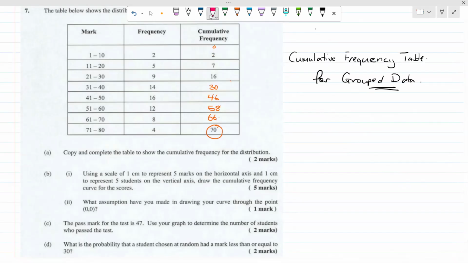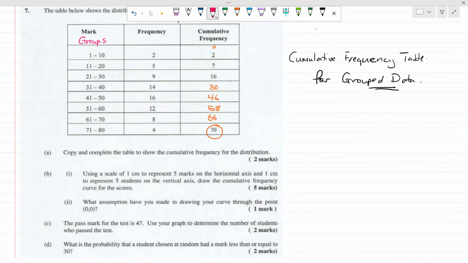Yes, the information given is in groups. We actually group people who got marks between 1 to 10, people who got marks between 11 to 20, 21 to 30, 31 to 40, 41 to 50, 51 to 60, 61 to 70, 71 to 80.